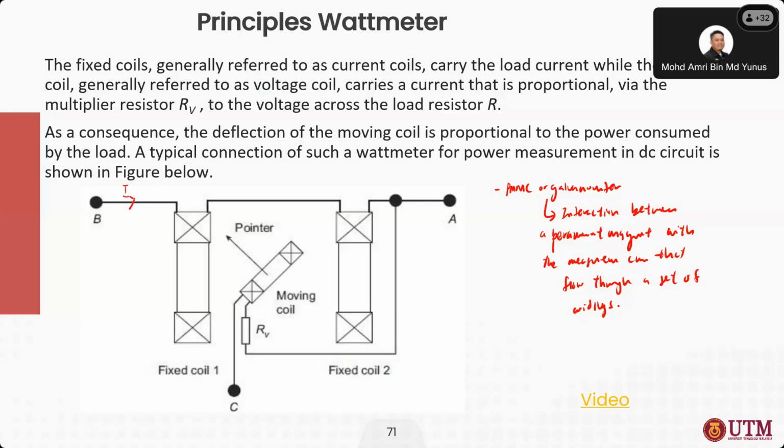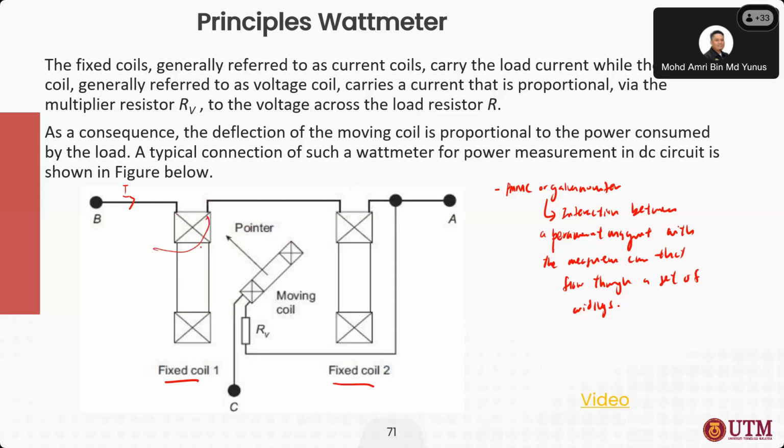the measurement current that flows through two sets of fixed coils. This is fixed coil 1 and second fixed coil, and then at the center we have a moving coil. So it's actually the fixed current generating a set of electromagnets on both sides.